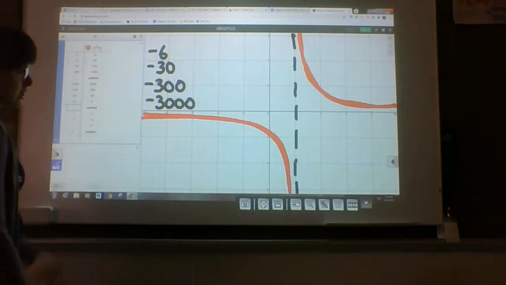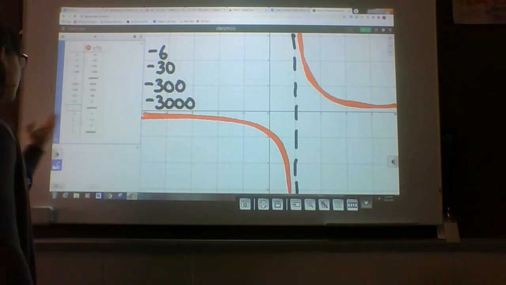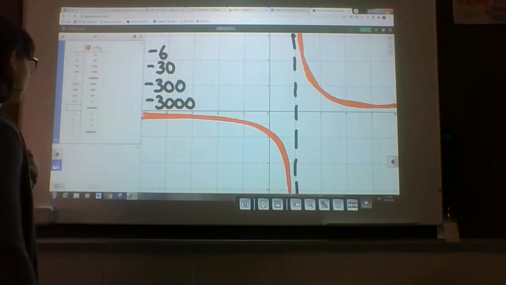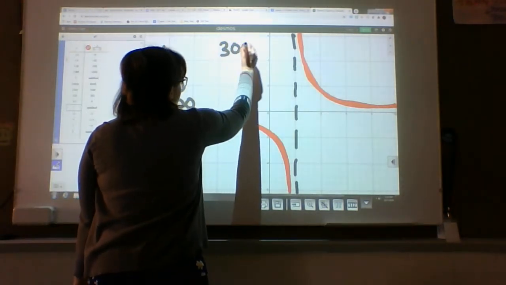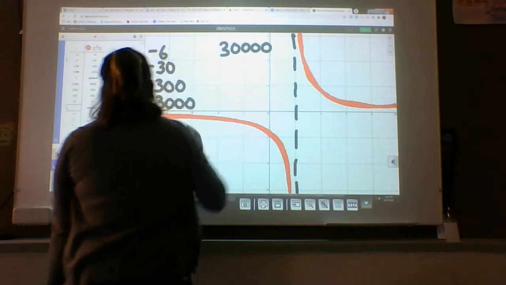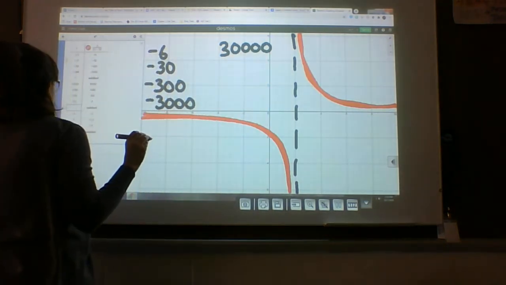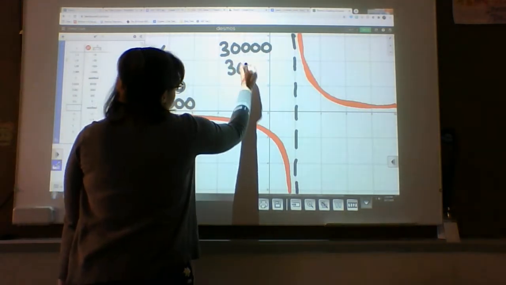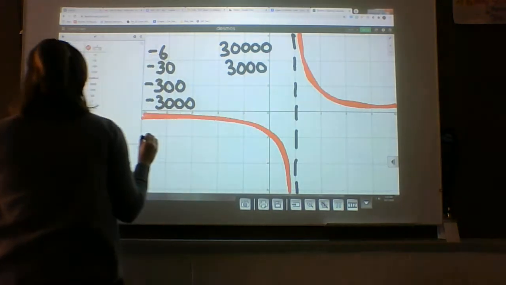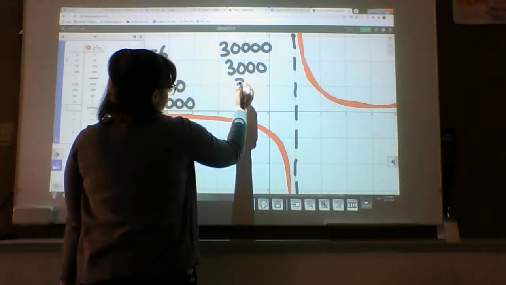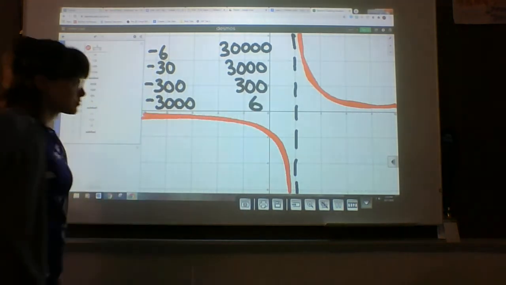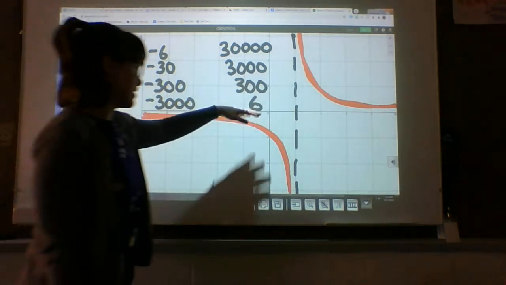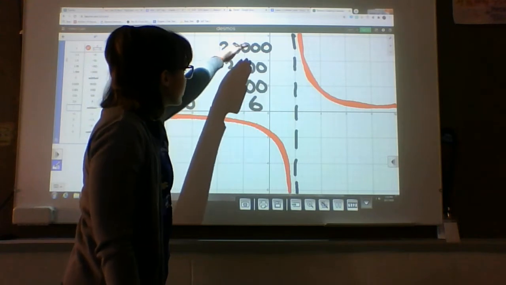Okay, so now we're going to talk about what happens from the right side. When I typed in 2.0001, I got 30,000. As I typed in 2.001, I got 3,000. As I typed in 2.01, I got 300. And 2.5, I got 6. So this is further from 2, and this is getting closer to 2.